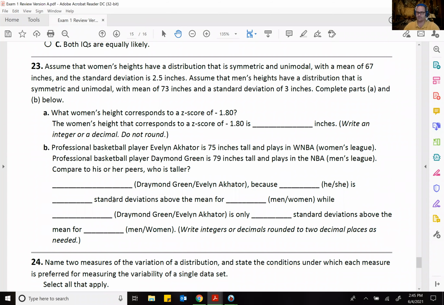Draymond Green is only blank standard deviations. 2. I'm going to put 2.00, but it does say integer, so it should accept the 2. Above the mean for men or women? Men. There you go.